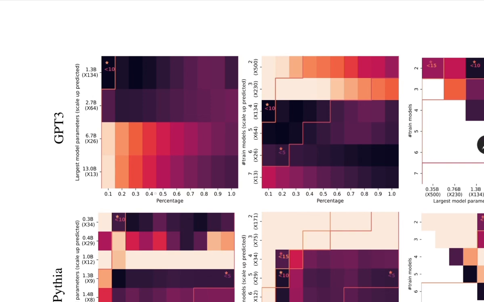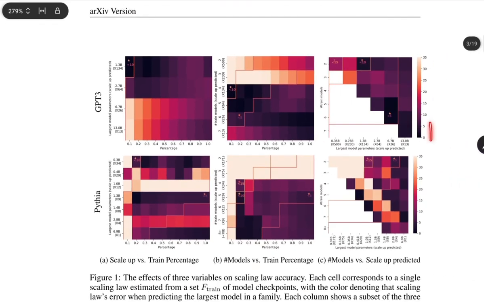Similarly, if you can see here, the percentage and the largest model parameter scaling up predicted, right? The 2.7 billion, 6.7 billion, 13 billion model, and you can see the results, right? Because the results go up with the parameters, right? And the larger model parameters scaled up predicted. So you'll see the same thing here. You will see the patterns remaining somehow the same here, right? So yeah, this is how things happen here.